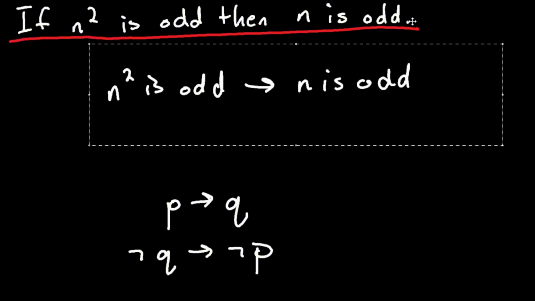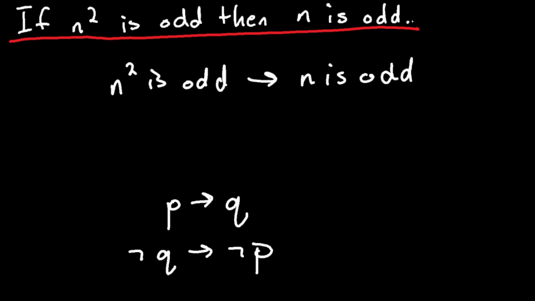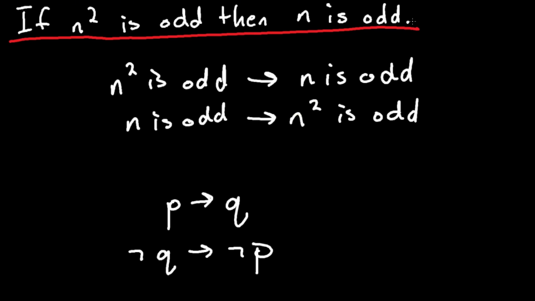So what do we do? Well, we should flip this condition: n is odd, n squared is odd. So let's write down n is odd implies n squared is odd. Right now this isn't the contrapositive yet, and we need to take the inverse of both. What's the inverse of an odd number?